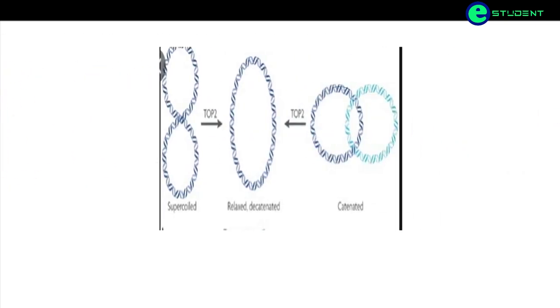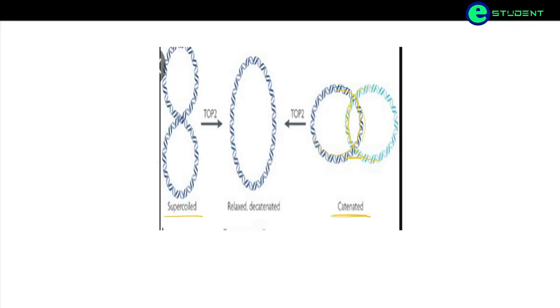There are two types of circular DNA which have to be relaxed. Here we have a catenated DNA. What is a catenated DNA? When two double-stranded circular DNAs are locked to each other in this fashion, they are known as catenated DNA.